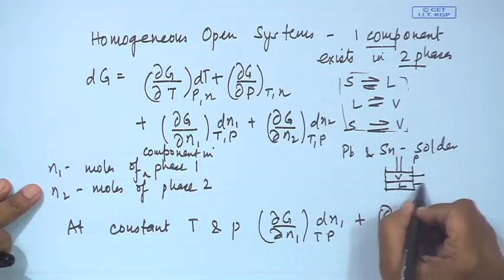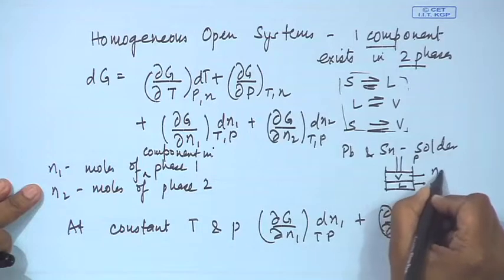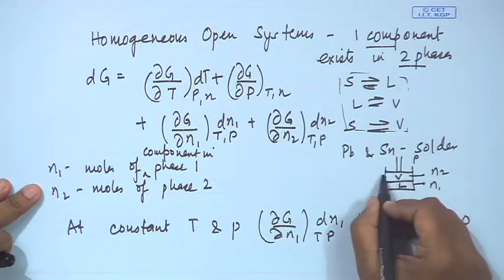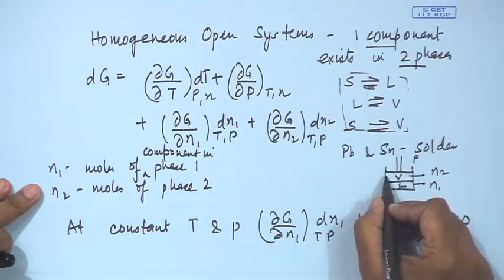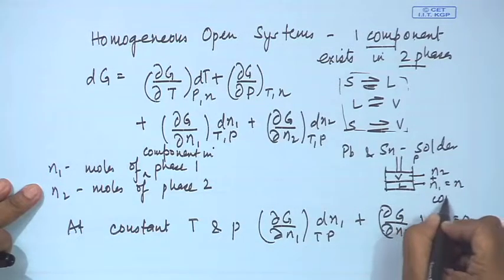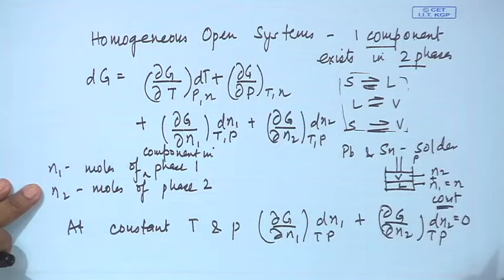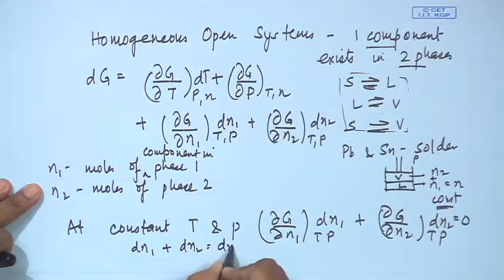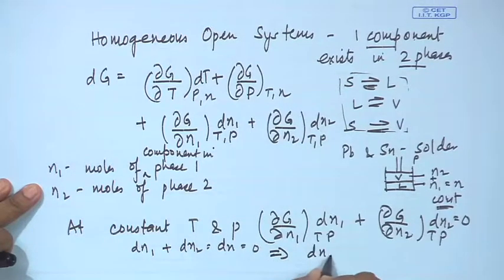We have say N1 moles here, we have N2 moles here, and since the composite system is a closed system, N1 plus N2 equals N, which is constant. In other words, dN1 plus dN2 equals dN, which should be equal to 0, which automatically implies that dN1 should be equal to minus dN2.